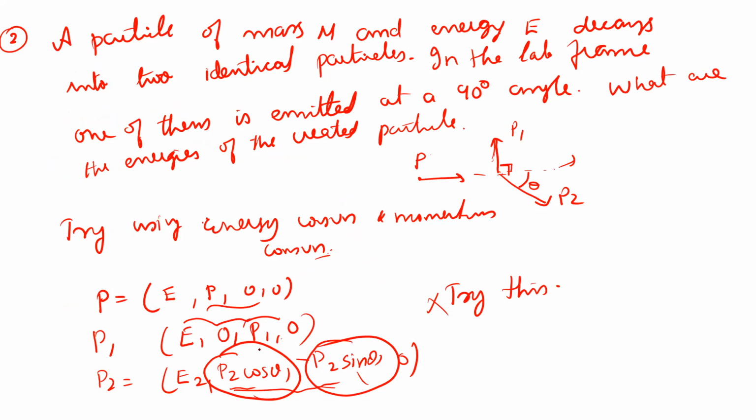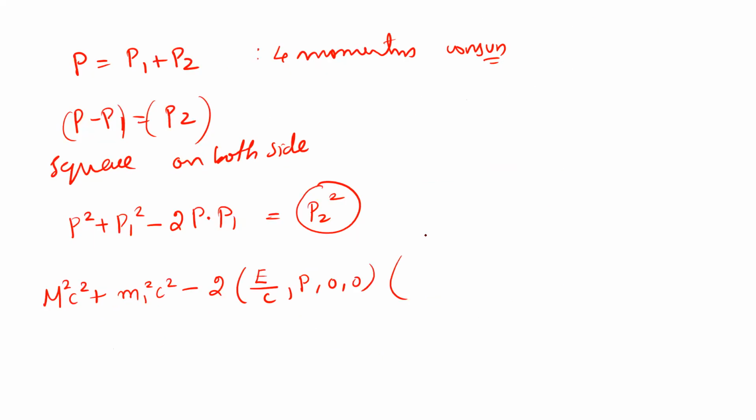There's only the y component, so I'll write it as (E1 by C, 0, P0, 0). Is this clear? Now this is equal to M2 square C square.